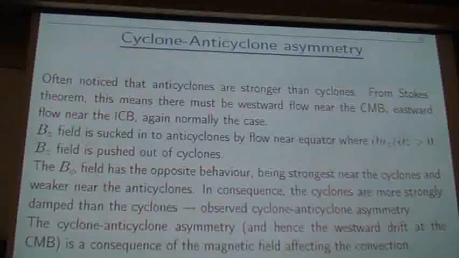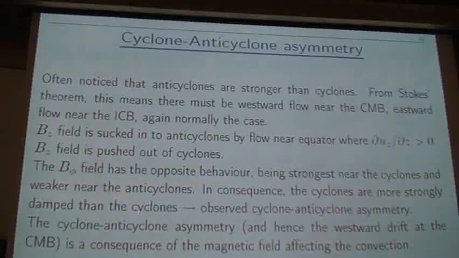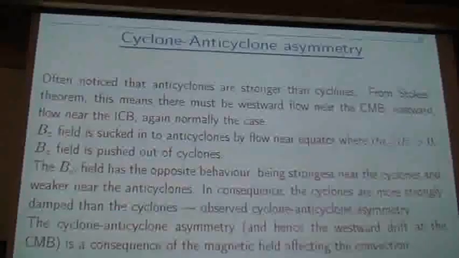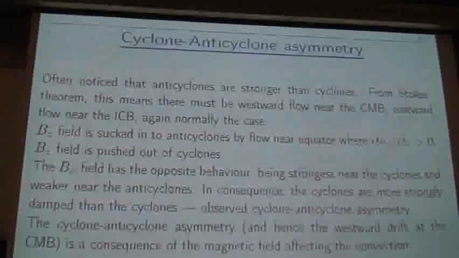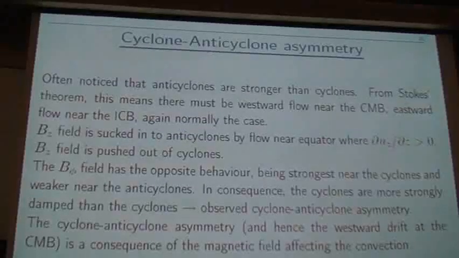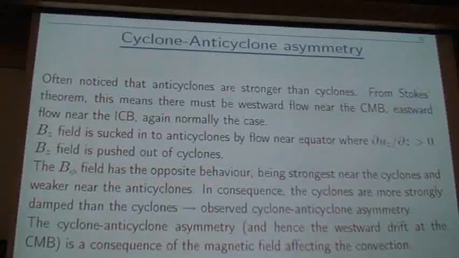That's why the anticyclones end up being stronger than the cyclones. So it should say anticyclone there, sorry. And that gives you the observed cyclone-anticyclone asymmetry. So basically it's the B phi field which seems to be damping the cyclones more strongly than the anticyclones, and thus ending up with a westward drift.